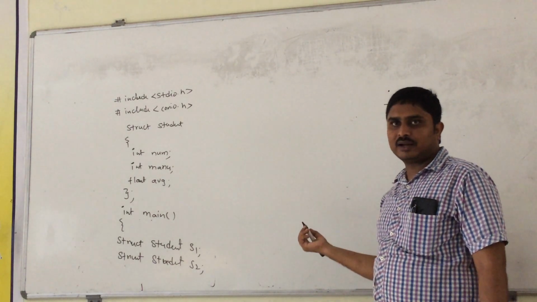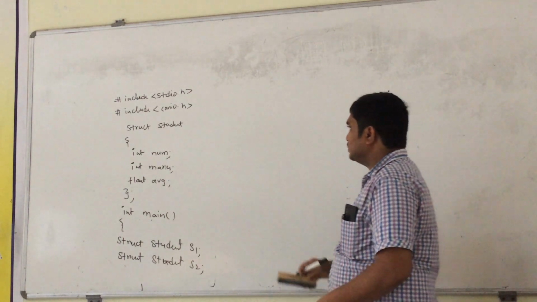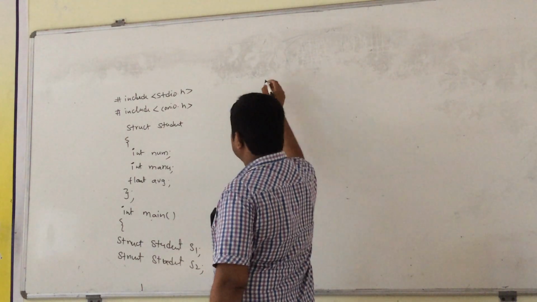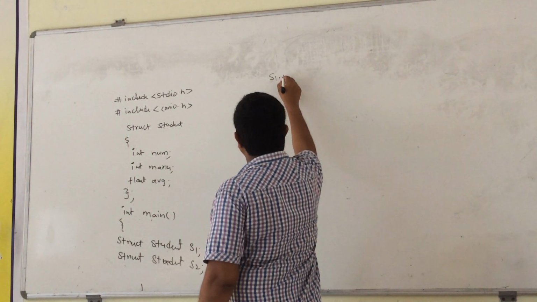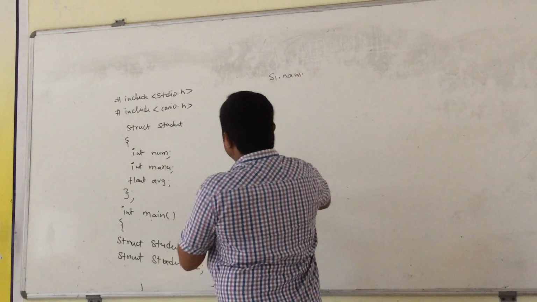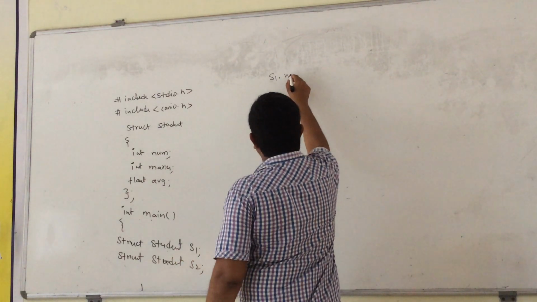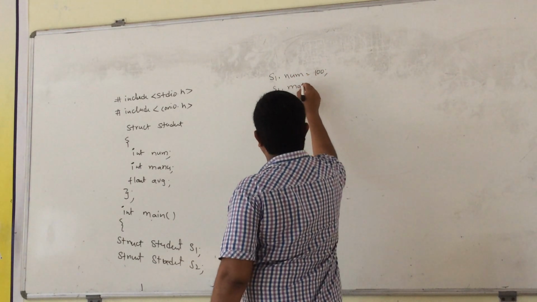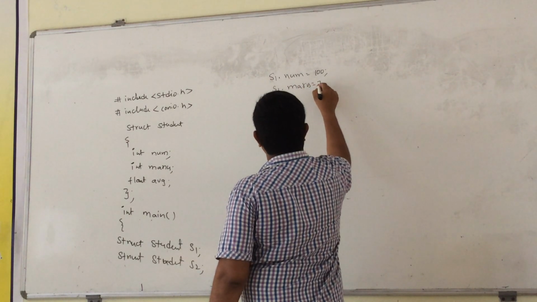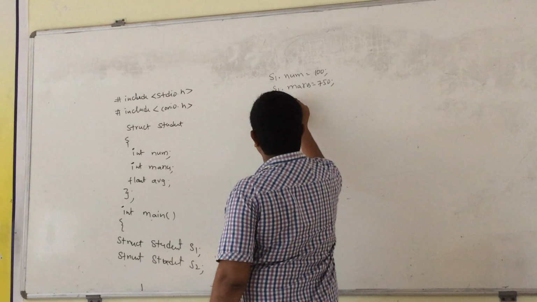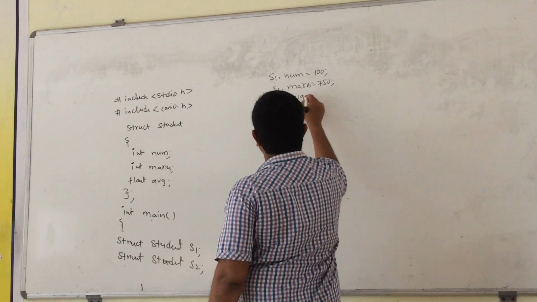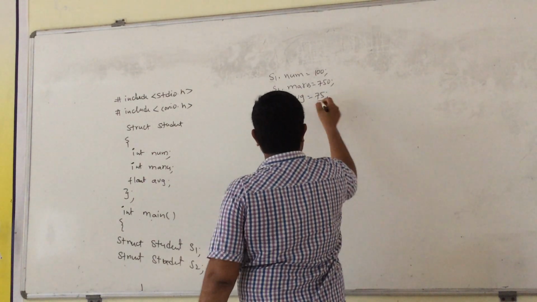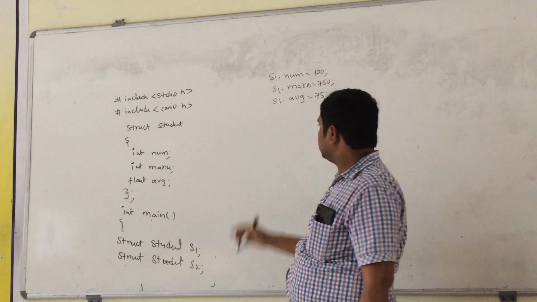First I am using the dot operator: S1 dot number equals 100, S1 dot marks equals 750, S1 dot average equals 75.